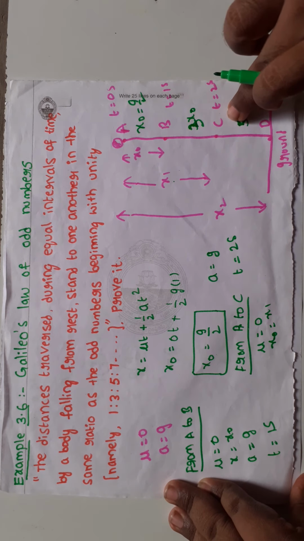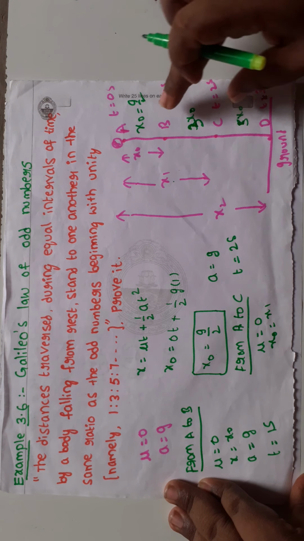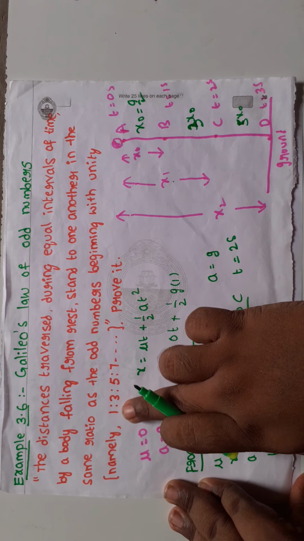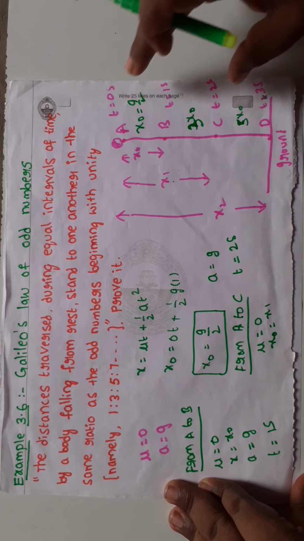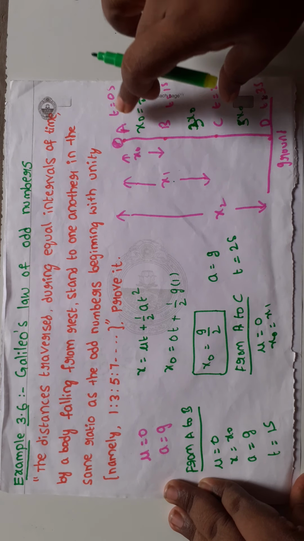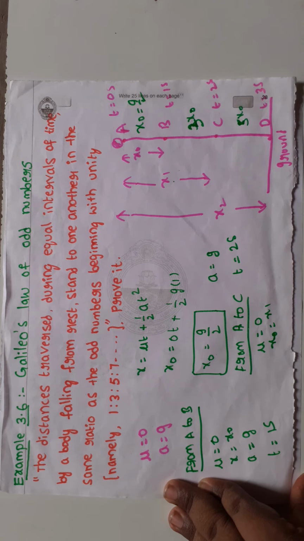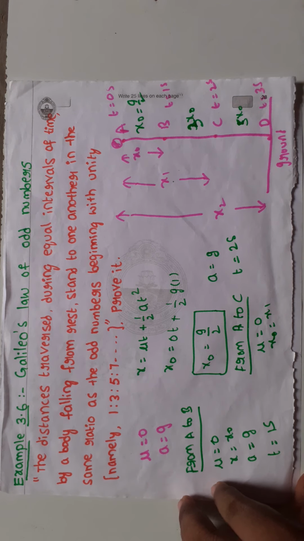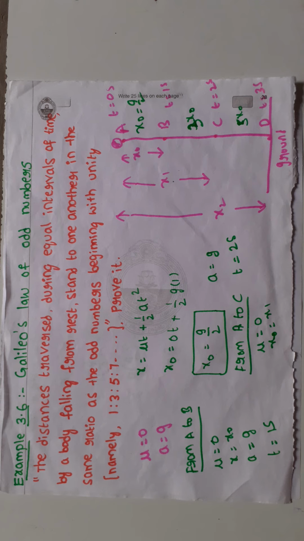What are 1, 3, 5? Odd numbers. So the distance is an odd number series. So if time is an equal interval, then distance is odd numbers 1, 3, 5, etc. Okay, are you clear, students? Don't feel any confusion. You can try 1 or 2 times. You can easily get the answers.